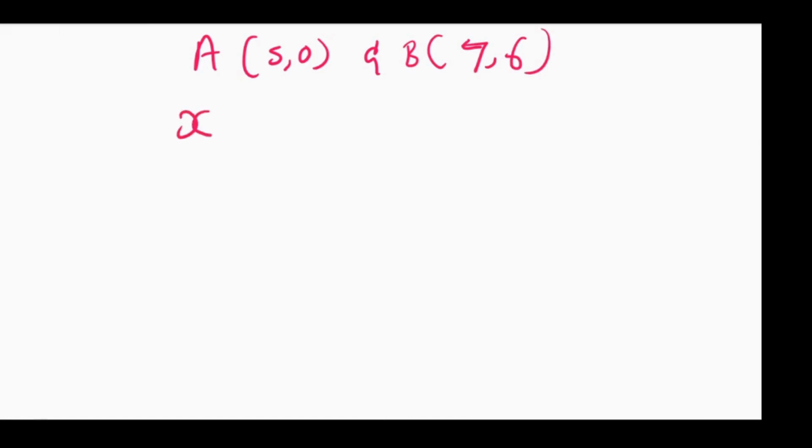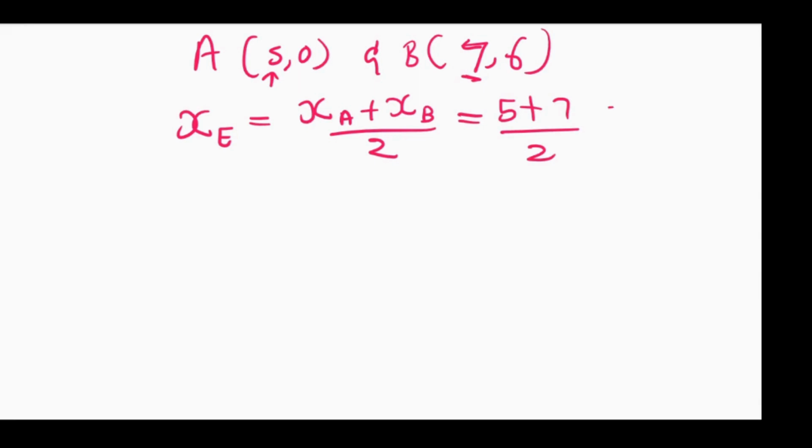So we're going to first find the x coordinate of E, which is equal to the x coordinate of A plus the x coordinate of B, divided by 2, right? So the x coordinate of A is 5, plus the x coordinate of B, which is 7, divided by 2. It's just going to get 6.